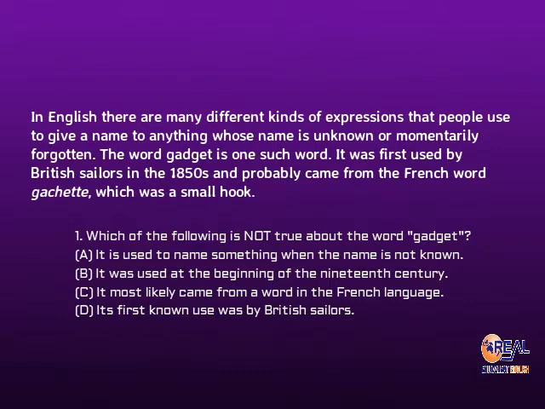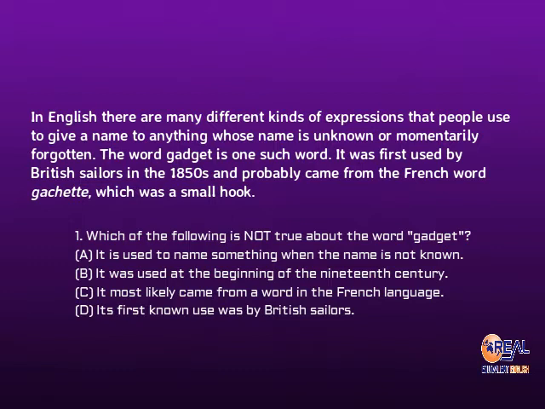Why B? Why not A? Let's see A. A is true. According to the second line of the paragraph, answer A is true because it is used to name something when the name is not known. It's there. People used to give a name to anything whose name is unknown or momentarily forgotten. And C, it most likely comes from a word in the French language.